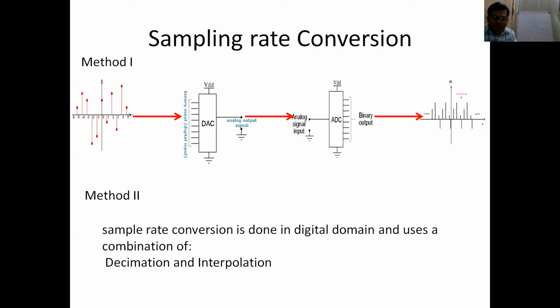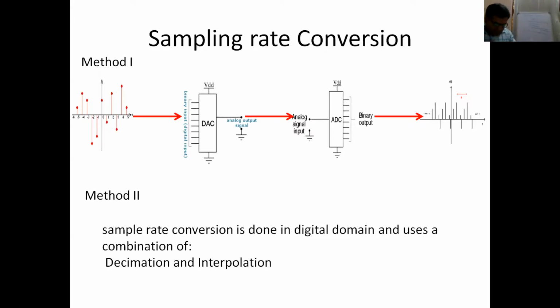That data you convert into analog format. The digital format is converted into analog format using DSP. And this analog signal, whatever you have obtained, is again converted into digital with some other frequency, let us say 48 kilohertz. That is the difference, so that you can play it on the CD player. That is how we introduce sampling rate conversion in the first method.